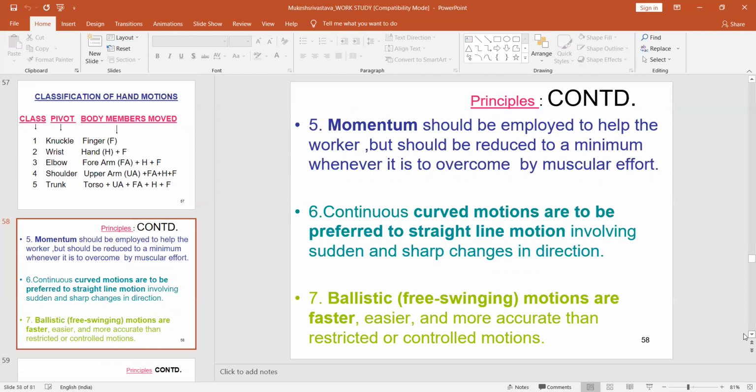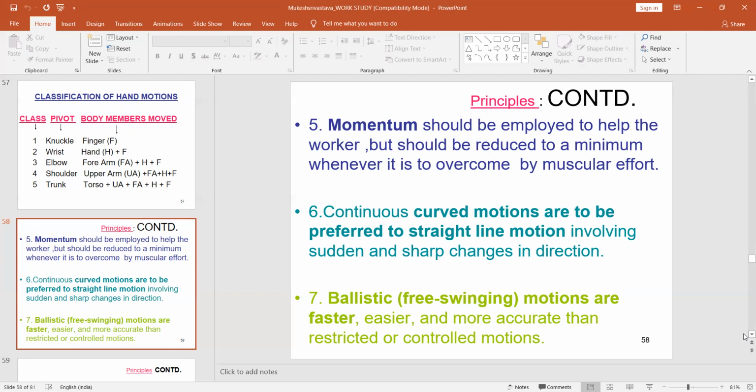The momentum should be used so that we can minimize the muscular effort. We need not use muscular force to do a specific task or activity. We use momentum so that we can reduce the effort level of the body.